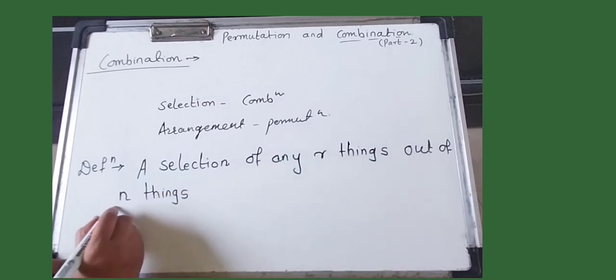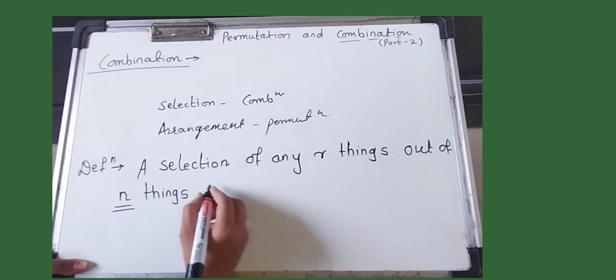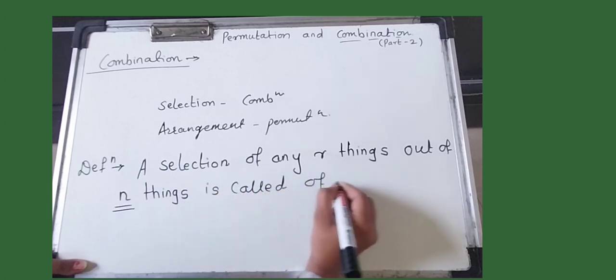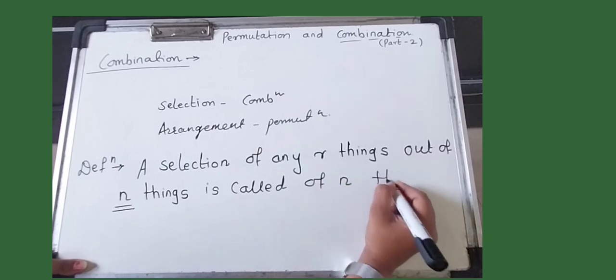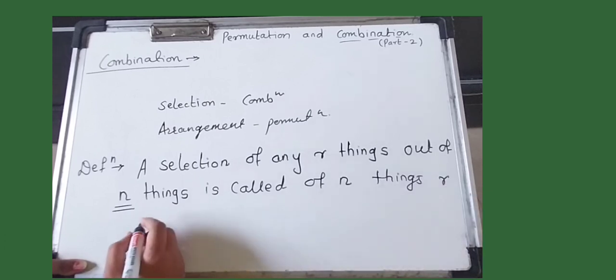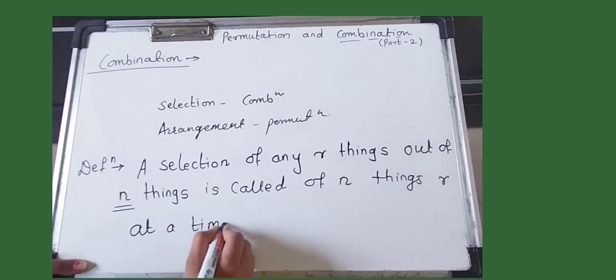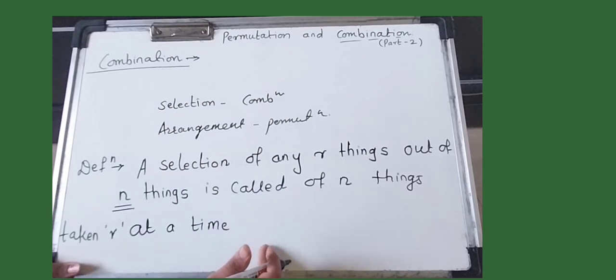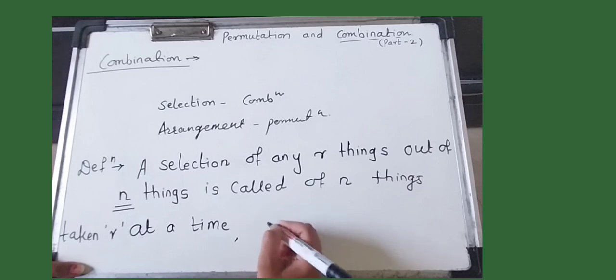Out of n things means definitely n is large. We can say here n things taken r at a time. So this is the definition of combination.